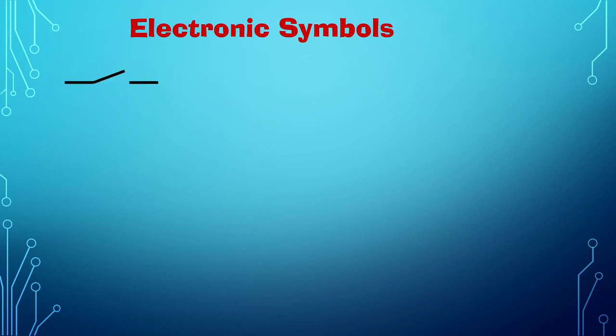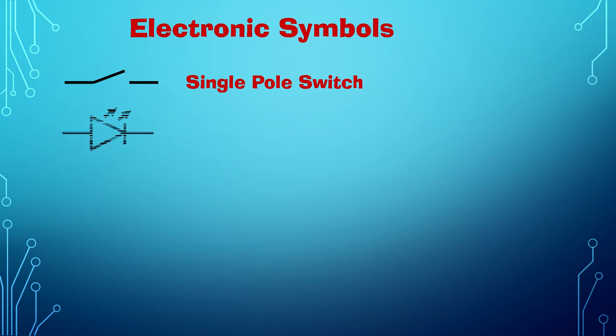All right, here we have a single pole switch. In this case, it's open, so that would be the circuit's turned off. When it's closed, it looks just like a wire. Here we have a light emitting diode, and when we do our circuit boards, we'll be using light emitting diodes.